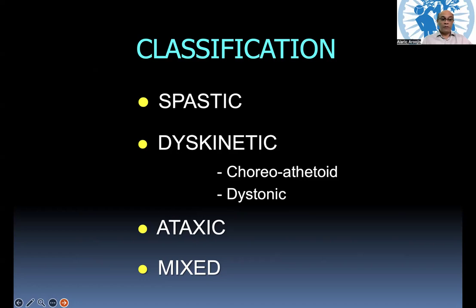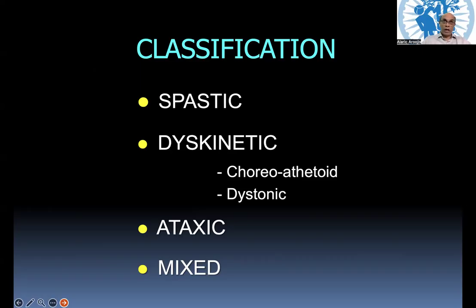And for many years, we believed that spastic cerebral palsy was the most common motor type. But we know now, in fact, that most children present with a mixed pattern where you have predominantly spasticity but some dystonia, or some children who have predominantly dystonia but some spasticity. So these pure types of either pure spasticity or pure dyskinesia are quite uncommon, I think, in today's day and age.